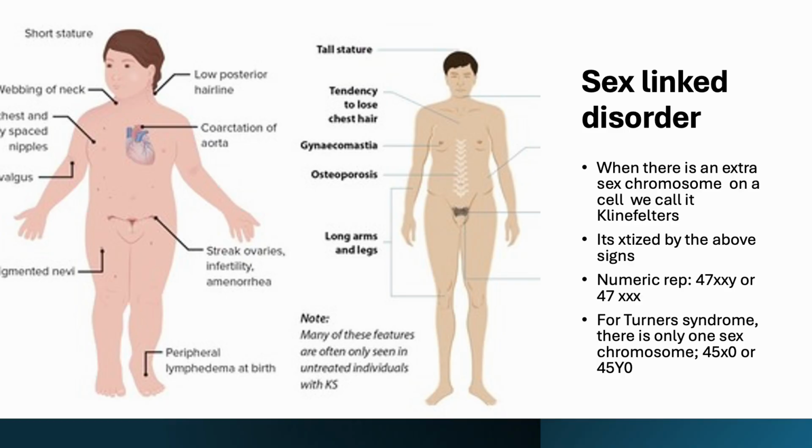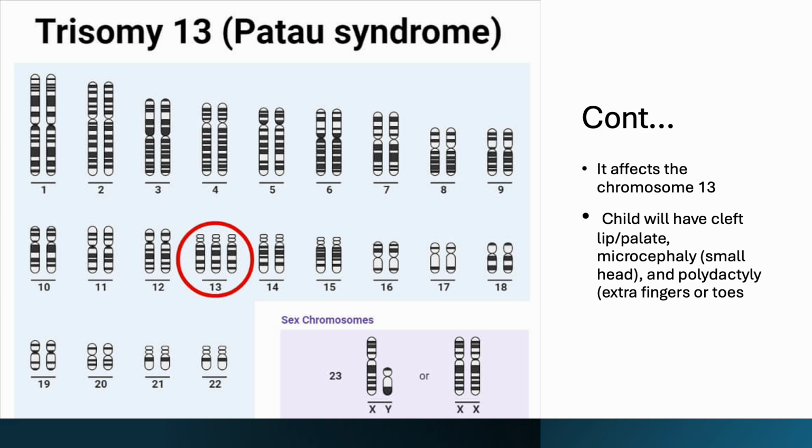So it will be 45X0. For the missing one, we don't put just 45X, we put 45X then 0 to show that it's not an error. It's a missing chromosome. We didn't forget to add an X.